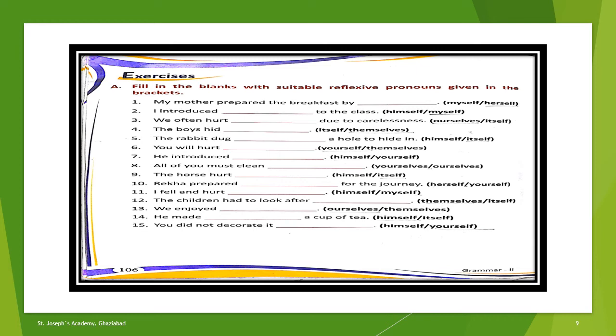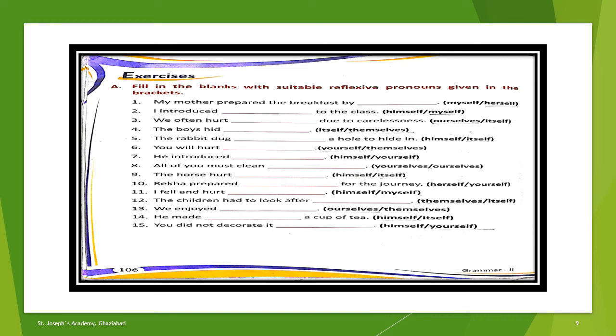First is, my mother prepared the breakfast by dash, and the options given to you are myself, herself. As you know that mother is a woman and for her we will use herself. So the correct answer will be herself.